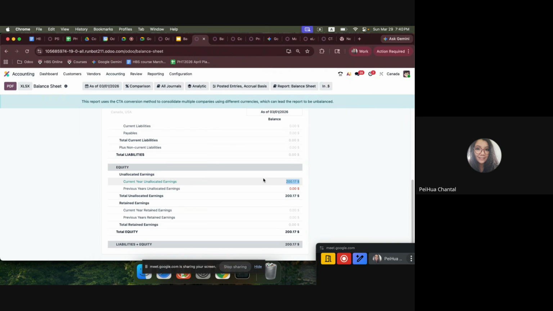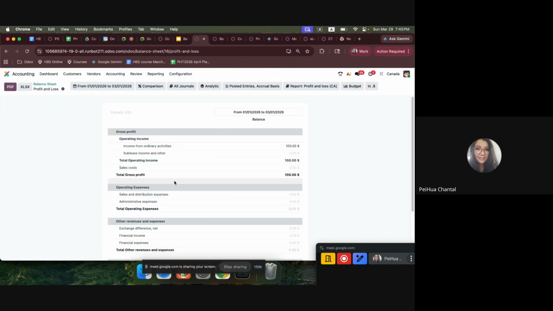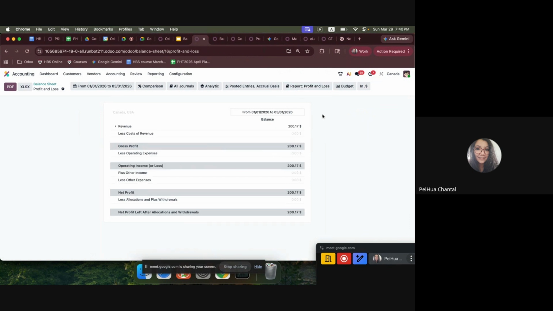But why 217? Because if you click into it, it's showing you a period from January 1st to March 1st. In this company, because it's quite empty, I can actually change to another report.